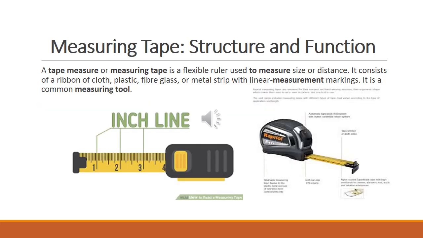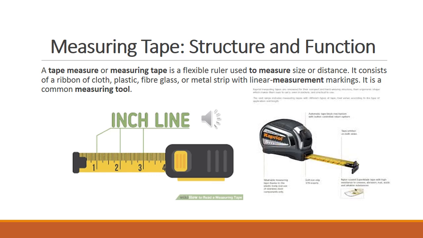Now after the discussion of the meter rule, we have to see what a measuring tape is, what its structure is and what its function is. A tape measure or measuring tape is a flexible ruler used to measure size or distance. It consists of a ribbon of cloth, plastic, fiberglass or metal strips with linear measurement markings, and it is a common measuring tool.